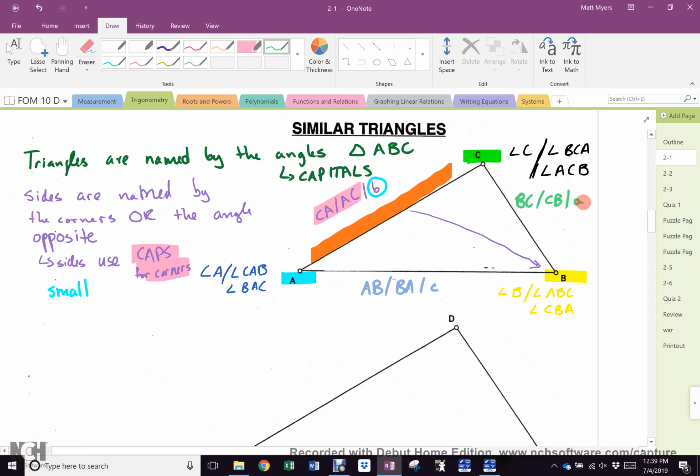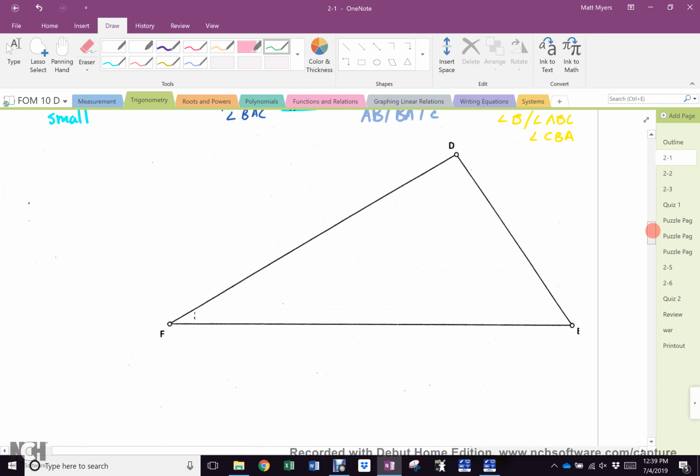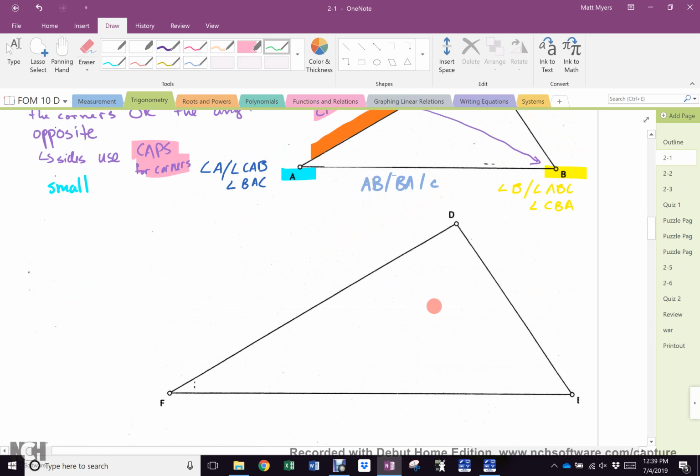Can everybody name a triangle? Great. Do that down here. Go. Just put the sides on there. Just the sides. The angles, I trust you to be able to do the angles.